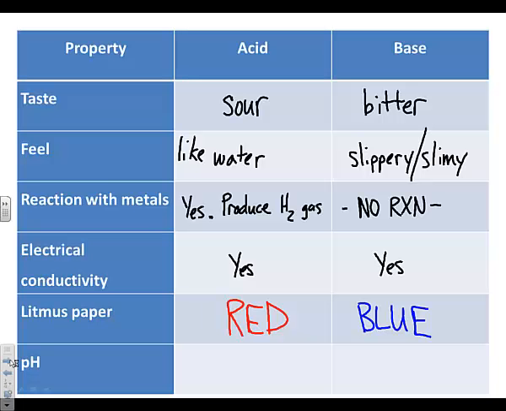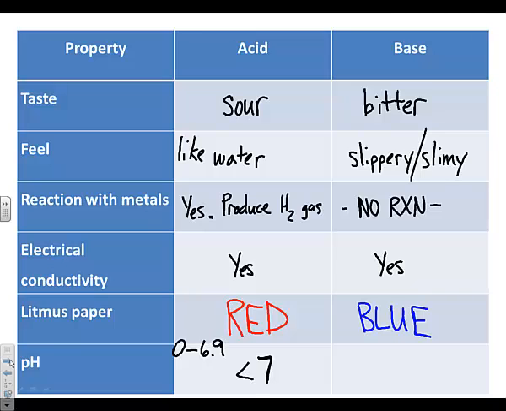Maybe they'll remember that. pH. So we're dealing with actually a value here. So the pH of an acid, I remember from my previous science classes, anything less than 7, right? Mm-hmm. So less than 7. 6.9 all the way down to 0. So 0 to 6.9.